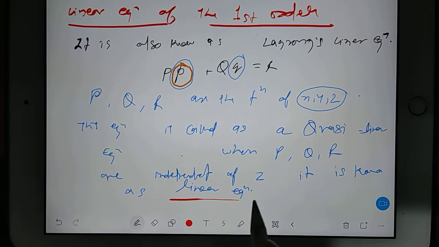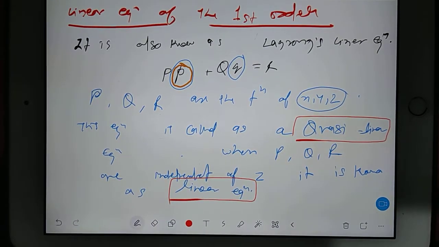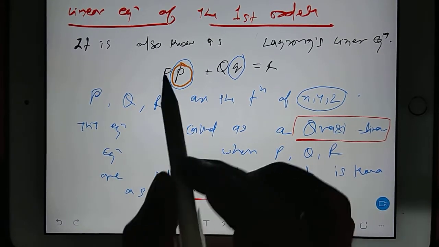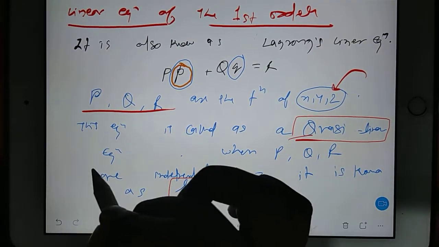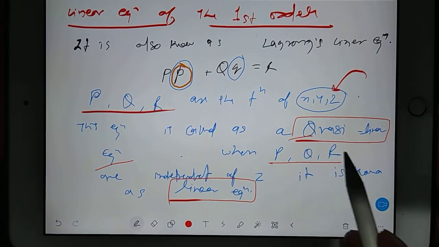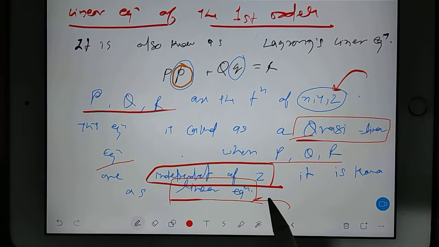It means we have two words here: one is linear equation and one is quasi-linear equation. So when P, Q, R contain z also, then you will say quasi-linear equation. But when P, Q, R are independent of z, then you will say linear equation.